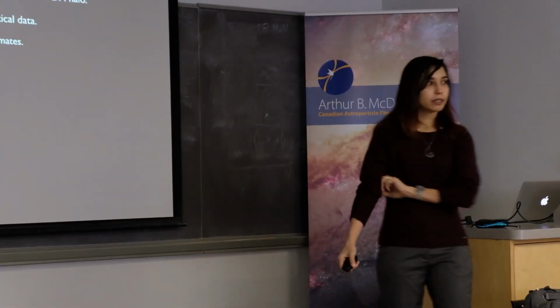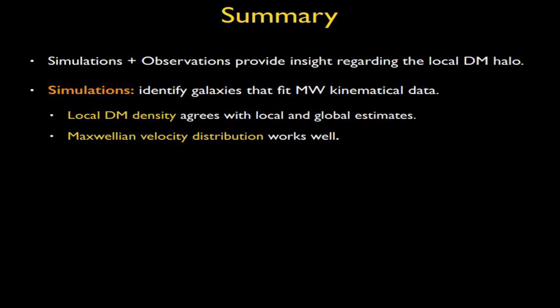Okay, this brings me to the conclusions. So simulations and observations can really provide insight regarding the dark matter halo at our local positions. In simulations, we need to identify the galaxies which fit Milky Way kinematical data. And what we find from the recent simulations is that the local dark matter density agrees with the local and global estimates, and the Maxwellian velocity distribution in general seems to be working well.